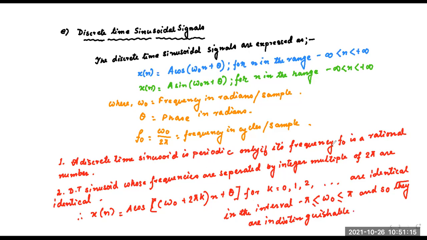So how to prove this? That A cos of (omega 0 plus 2 pi k) n plus theta for k equals to 0, 1, 2, and so on, are identical in the interval minus pi to plus pi. Omega 0 lies between minus pi to plus pi, and so they are indistinguishable.